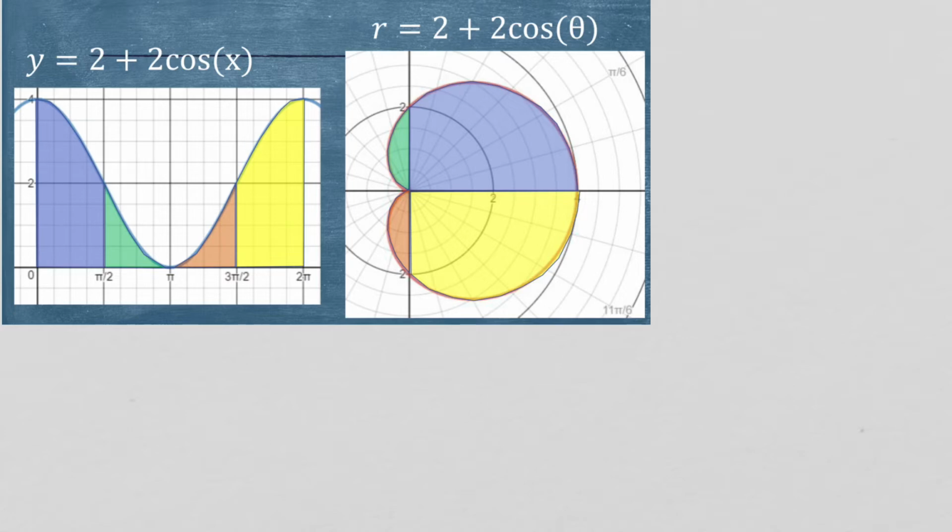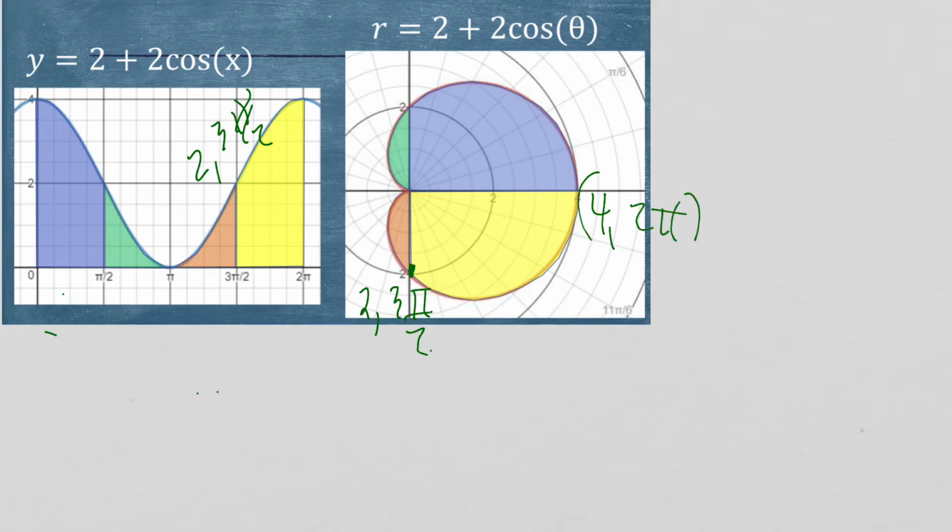At 270, it's again a radius of 2. And that's down here, 2 comma 3 pi over 2. And then it connects all around back to 2 pi, 360, which is a radius of 4 again.